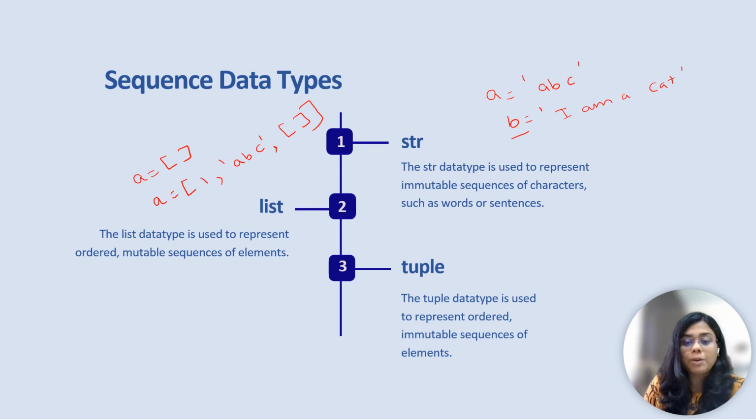Now we go to the tuple data type. The tuple data type is used to represent an ordered immutable sequence of elements. So how is a list different from a tuple? A tuple is defined with rounded braces, and one thing that is different from the list is that a list can add or delete values.